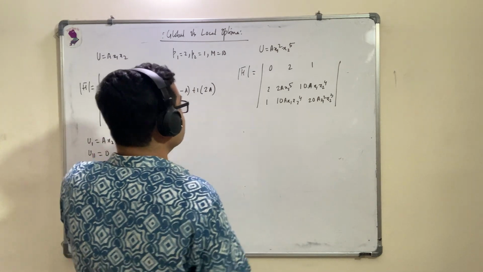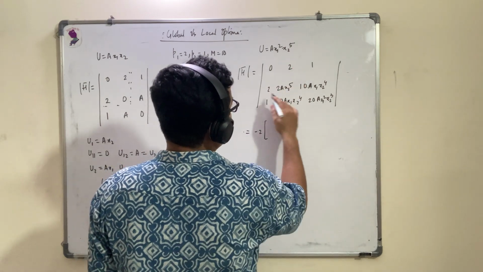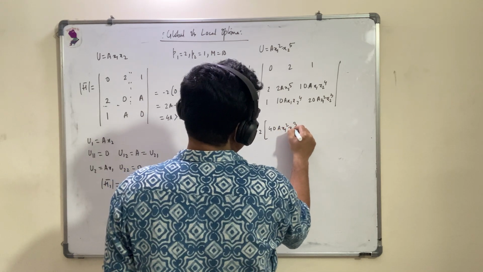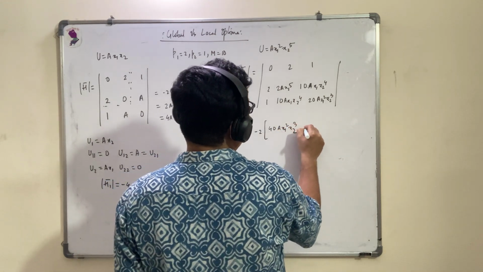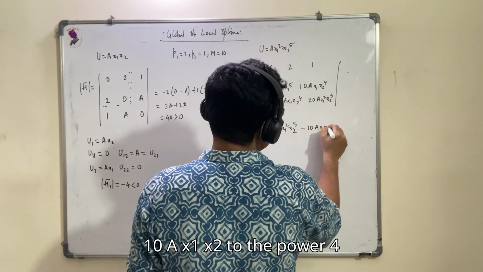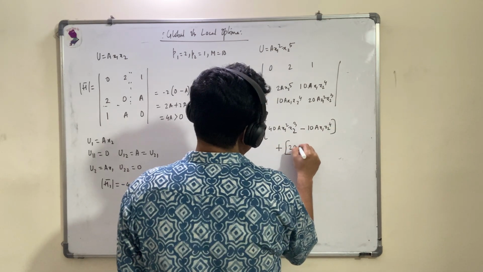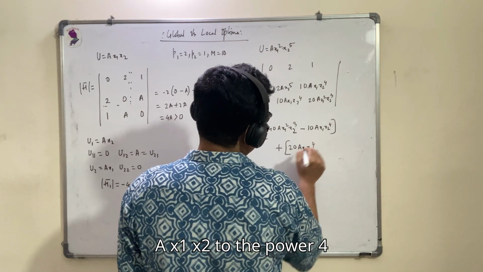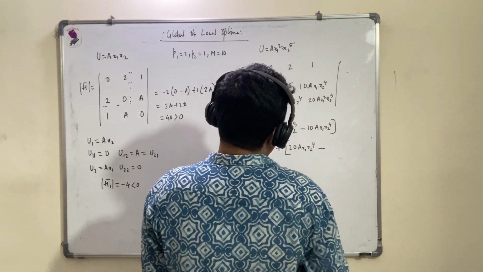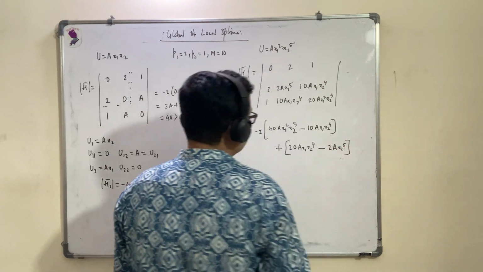So minus 2, so 40A x1 squared x2 cubed, minus 10A x1 x2 to the power 4, plus 20A x1 x2 to the power 4, minus 2A x2 to the power 5.